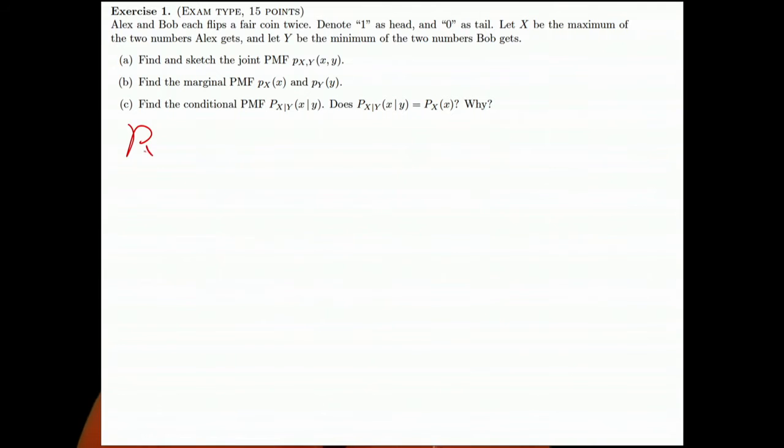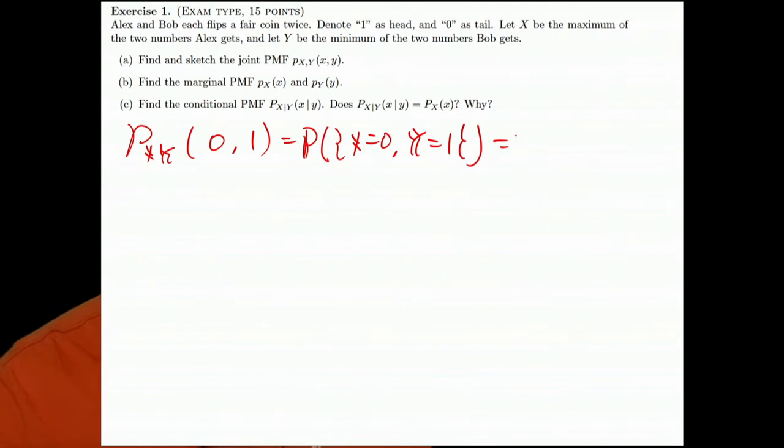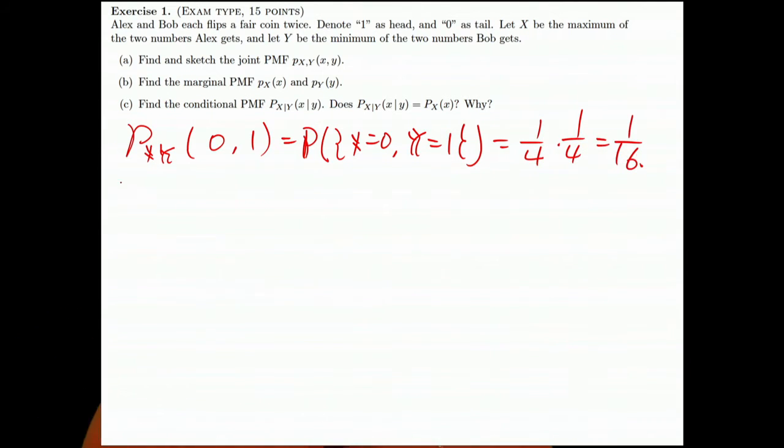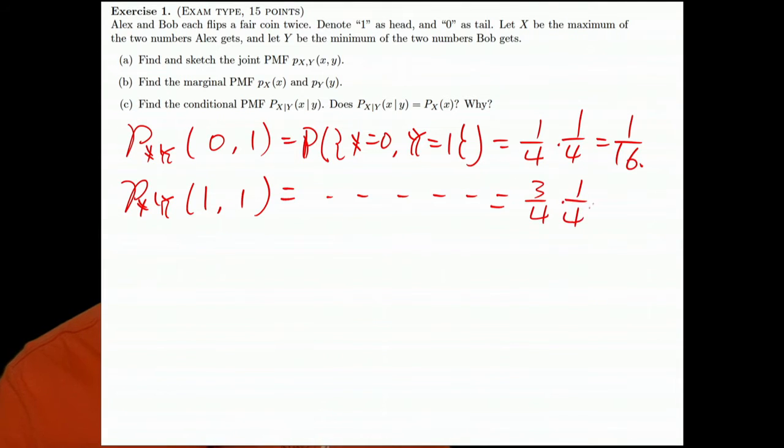And also x equals 0, y equals 1: that's the probability of x equals 0, y equals 1, and it's 1/4 times 1/4, which is 1/16. And x equals 1, y equals 1: same here, we have 3/4 times 1/4, which is 3/16.